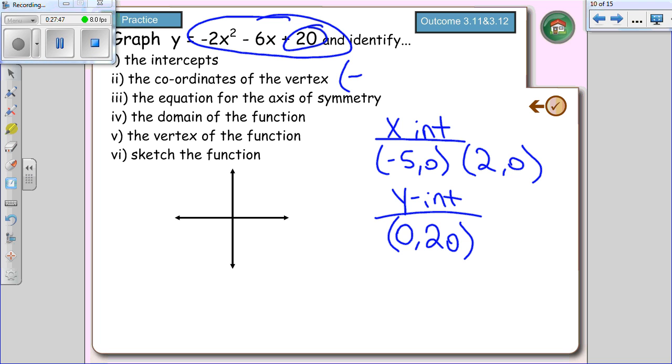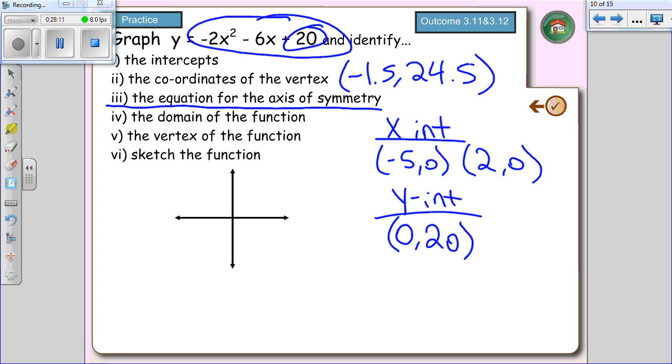The equation of the axis of symmetry. That's a tricky one. There's nothing in your calculator that's going to help you with that. What you need to remember is the equation of the axis of symmetry is from the x value of your vertex. It's this value right here.